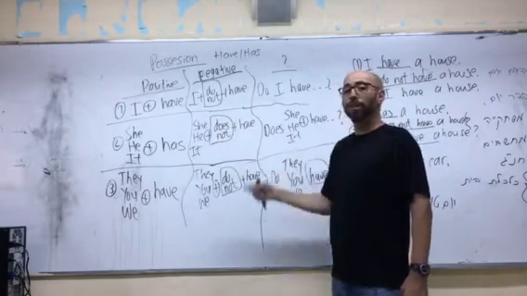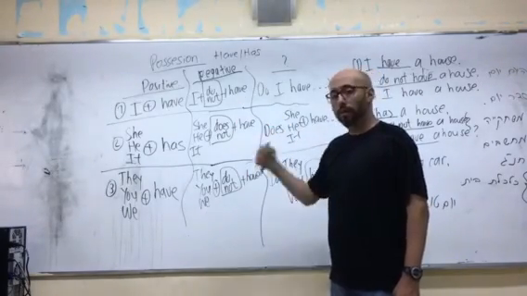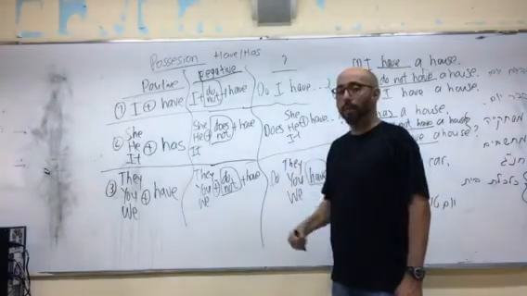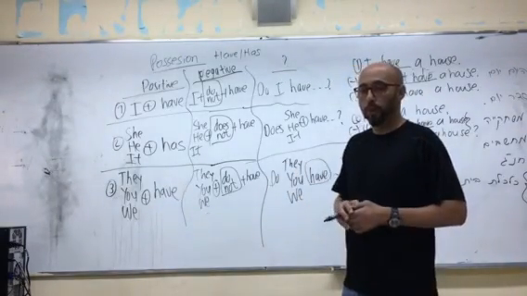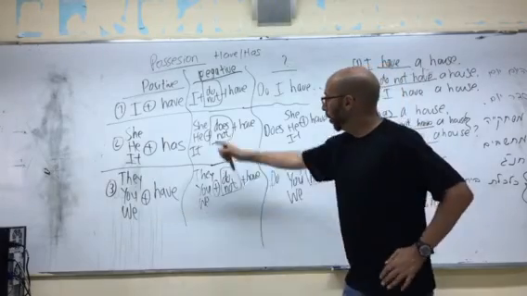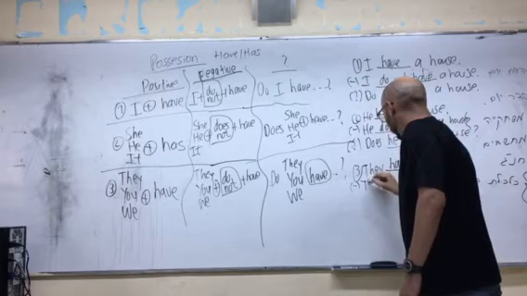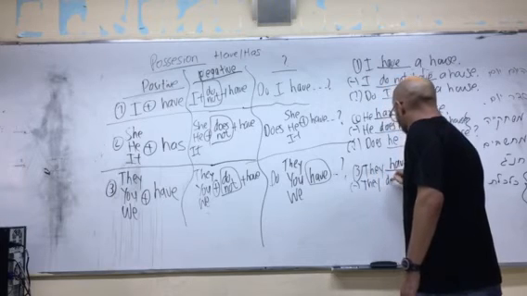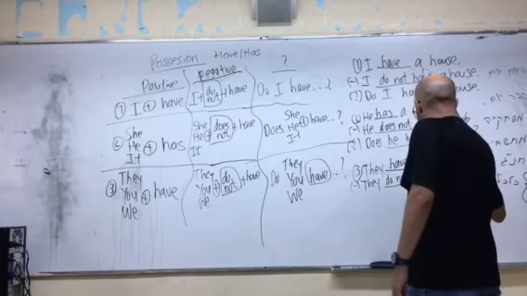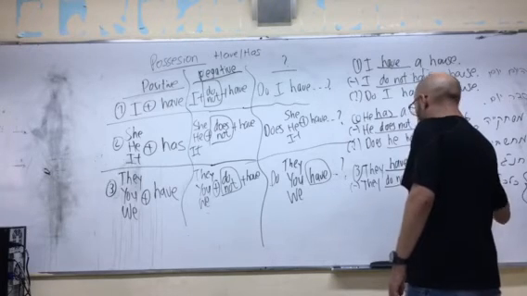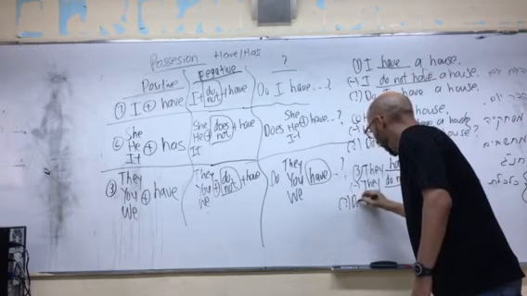I continue until I know it by heart. I have to remember the table. I have to study the table in order to be able to use it in actual writing and reading and speaking. I look at the negative. They do not have a car. And finally, do they have a car?